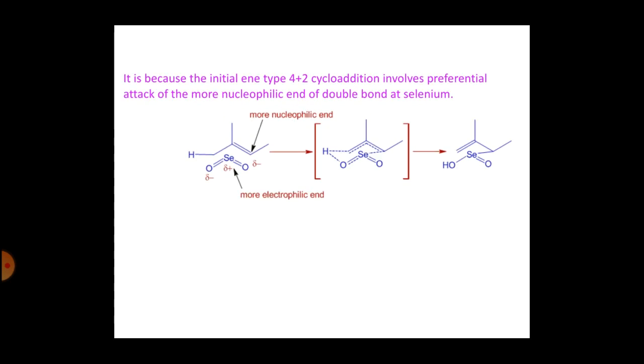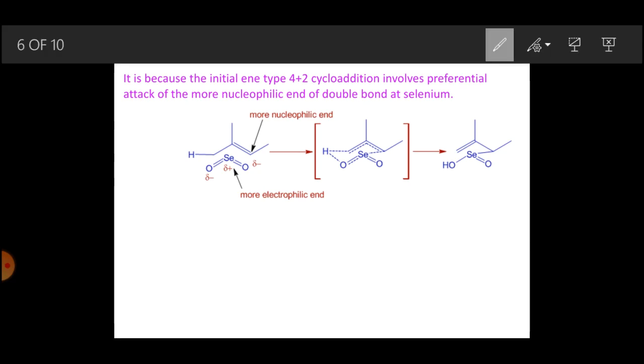First, try to understand the regioselectivity. This regioselectivity arises because the nucleophilicity across both ends of the double bond is not symmetrical or the same. You can see here, the nucleophilicity across the double bond is not the same here or here.